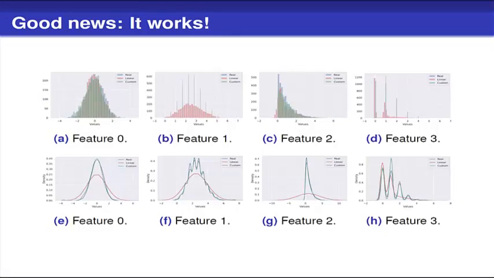And if you look, the red histogram is the histogram that a typical GAN obtains. The blue distribution is the distribution of the real sample, and the green histogram is the histogram of a GAN trained with this Smirnov activation function.